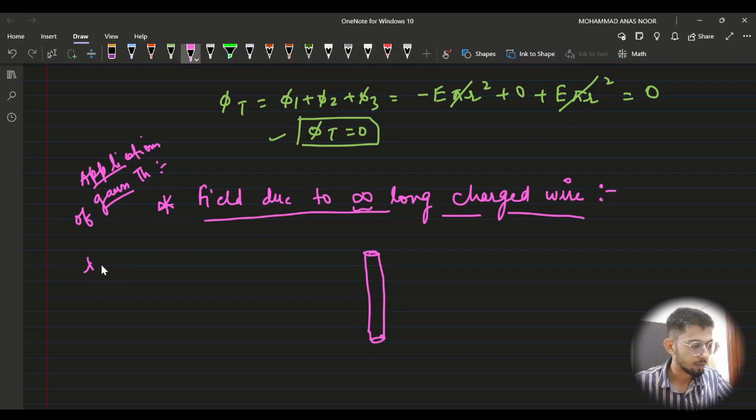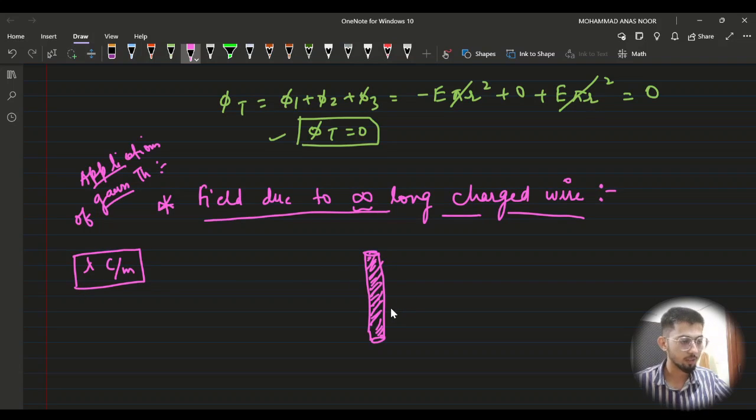So lambda is the uniform charge density, coulomb per meter. You know what is charge density? Charge per unit length, which is lambda, the linear charge density. That is lambda coulomb per meter.